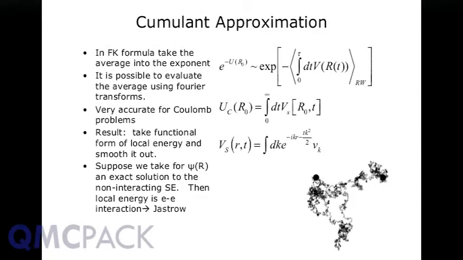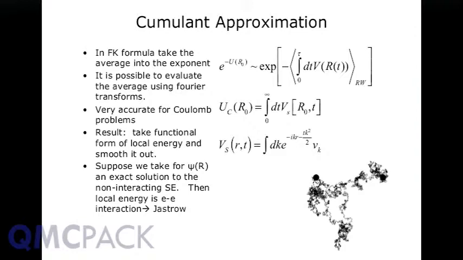At this point, you can make an approximation on that exact formula, which is called the cumulant approximation, which is quite standard in statistical physics. But actually we're making this for the non-interacting wave function. Remember I said, let's start out with a Hartree wave function for the trial wave function. And then the local energy is the electron-electron interaction.